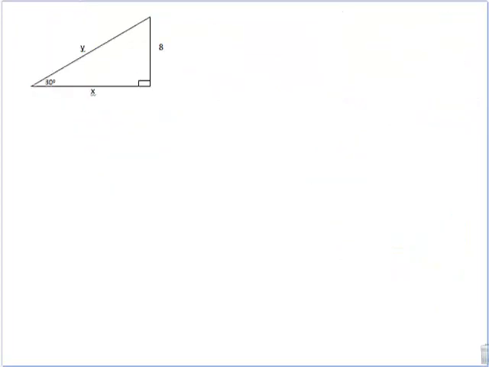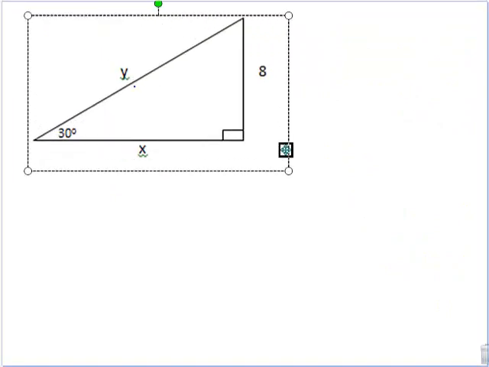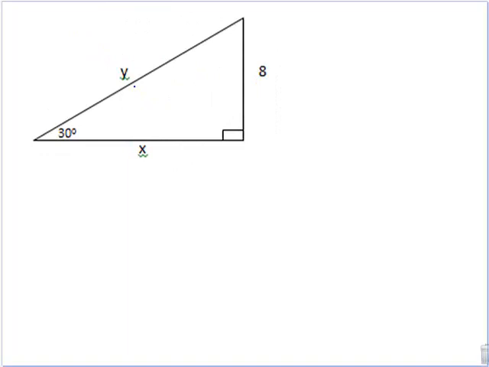One last one, and then we'll have you try this. I wanted to make it bigger, not just put a dot on it. 30, 60, 90, or 45, 45, 90? Okay. 8's the side we know. What will 8 be labeled as? Yeah, 8 will be our n because it's opposite of the 30.